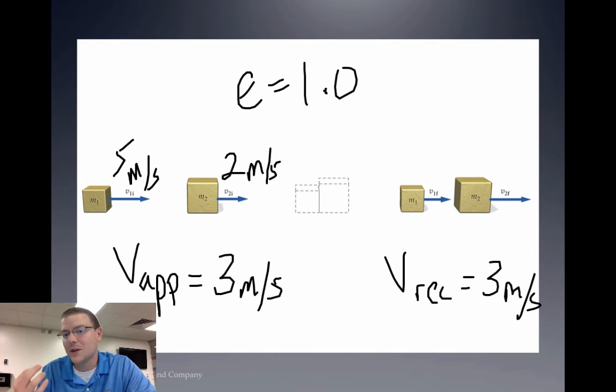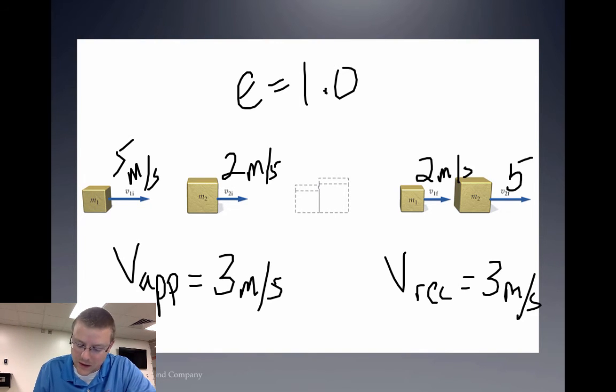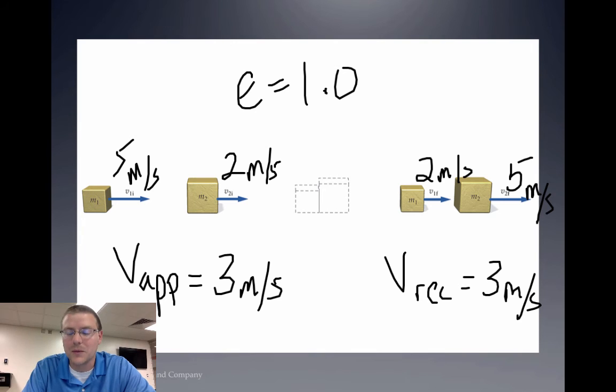So if we look at mass 1 and mass 2, mass 2 is going to gain some velocity and mass 1 is going to lose some velocity. If mass 1 drops to 2 meters per second, mass 2 must gain that extra 3 meters per second and leave faster than mass 1 is approaching it.